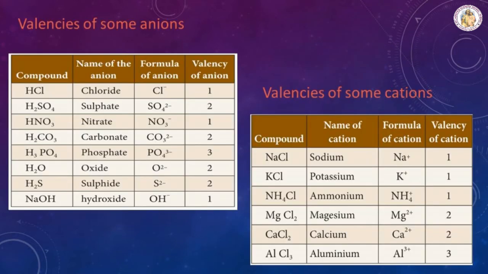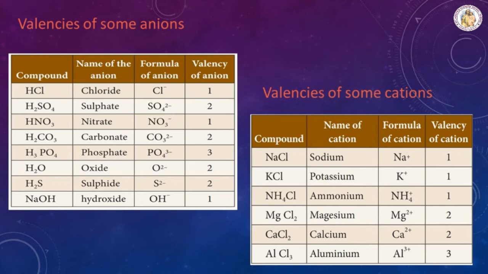Valencies of some anions. First, in the compound HCl, hydrochloric acid, the name of the anion is chloride, and the formula of the chloride ion is Cl minus, and the valency of the anion is 1, because the chloride ion is combined with one hydrogen atom.